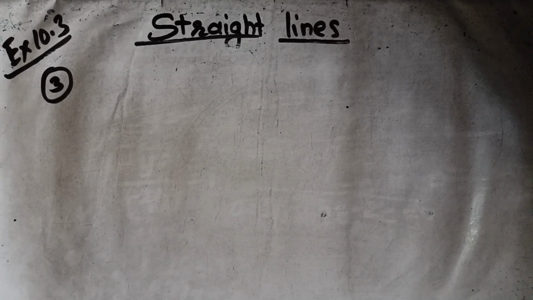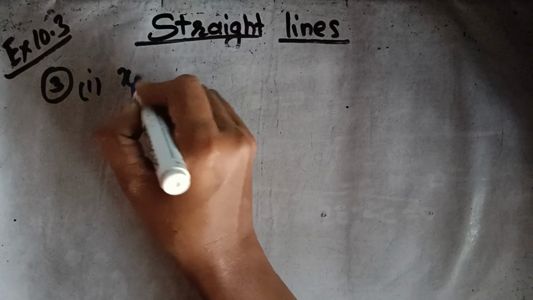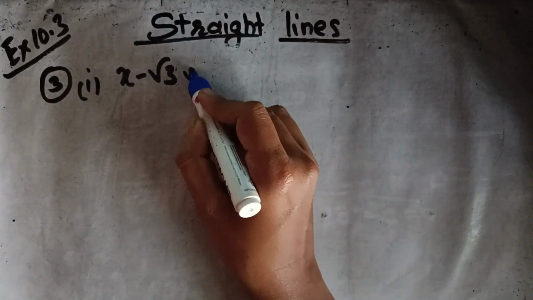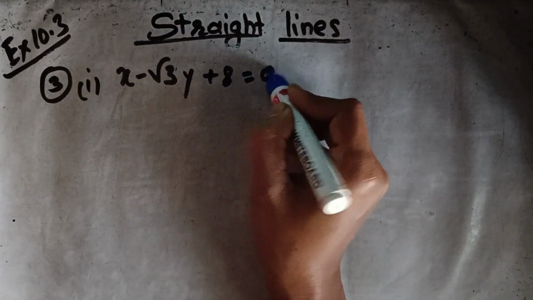Next question. Reduce the following equations into normal form. Find the perpendicular distance from the origin and the angle between the perpendicular and the positive x-axis. Okay, so first one is given, x minus root 3 y, let's say equal to 0.